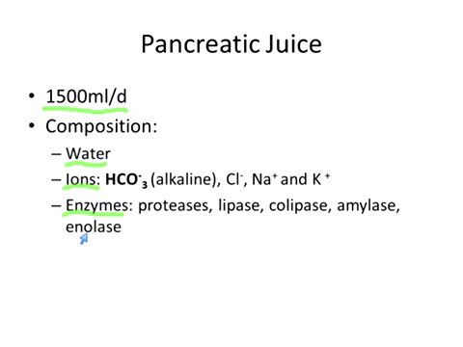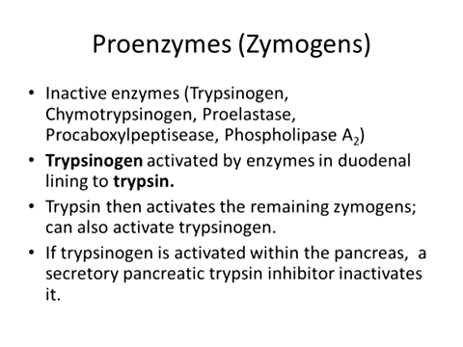The inactive enzymes are sometimes called zymogens. Examples of these are trypsinogen, chymotrypsinogen, proelastase, procarboxylase, carboxypeptidase, and phospholipase A2.